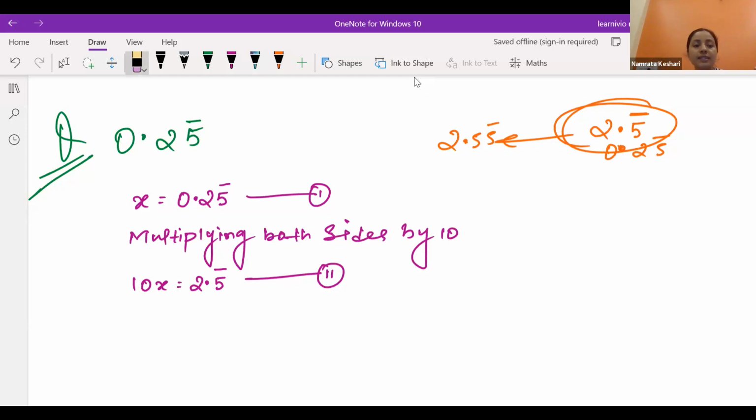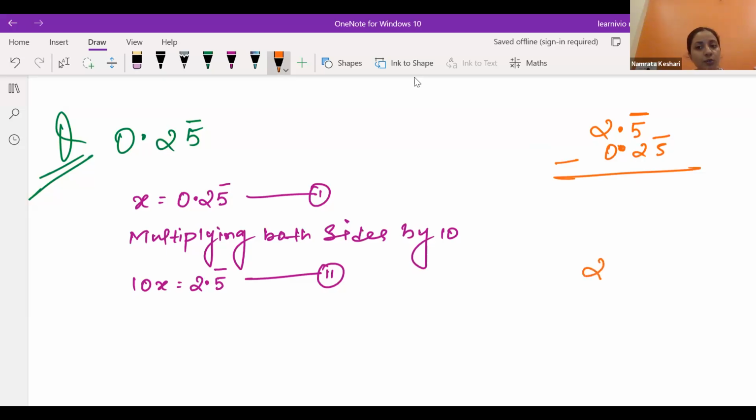So I'll write it as 2.5 and then 5 bar, and the below one 0.25 bar. Now we can see bar below bar, this is completely fine, right? 5 bar minus 5 bar is 0. 5 minus 2, 3. 2 minus 0, 2. 2.3 we are getting. Is it making sense? Yes, ma'am.